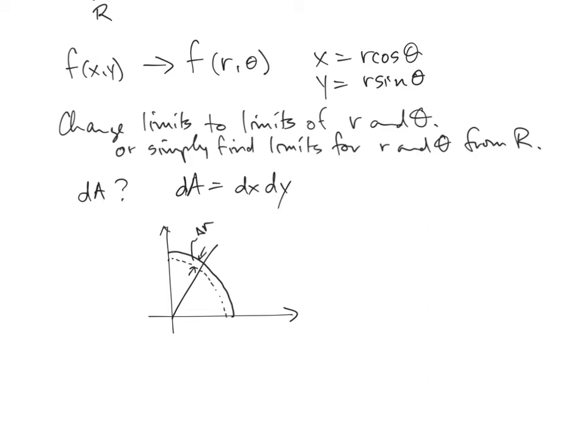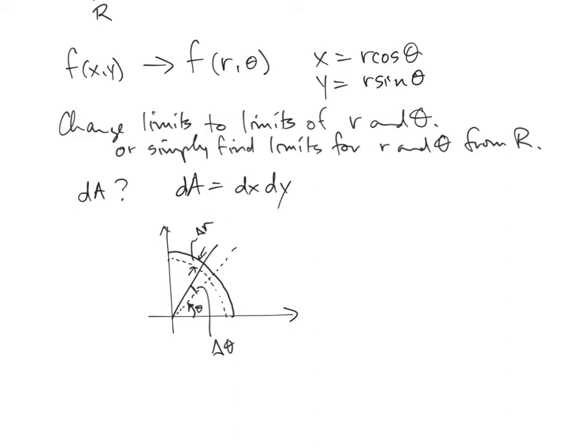Changing theta a little bit means, I'm going to draw it here. If this is my original theta, then this here is my delta theta. A little change in the angle.